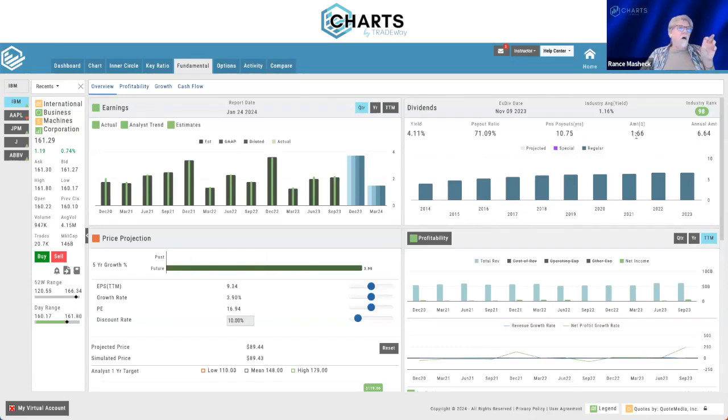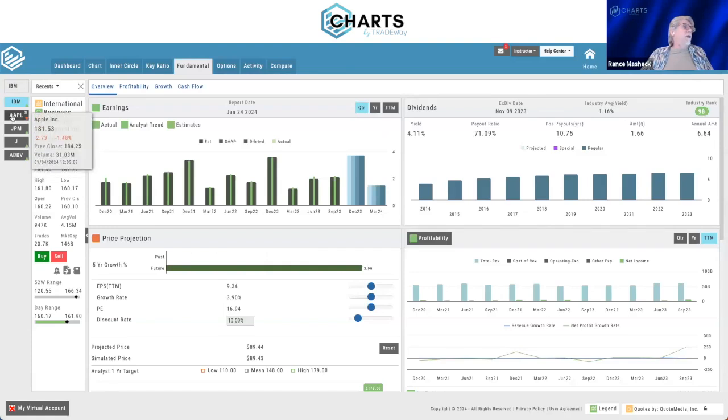And it shows you the next date, right? All that's there. So we also show you what the industry average is. So they're paying out 4%, 4.11%. The industry average for this is only 1.16%. So it also shows you the rank. So they're at the 98th percentile of this industry group in paying out dividends.